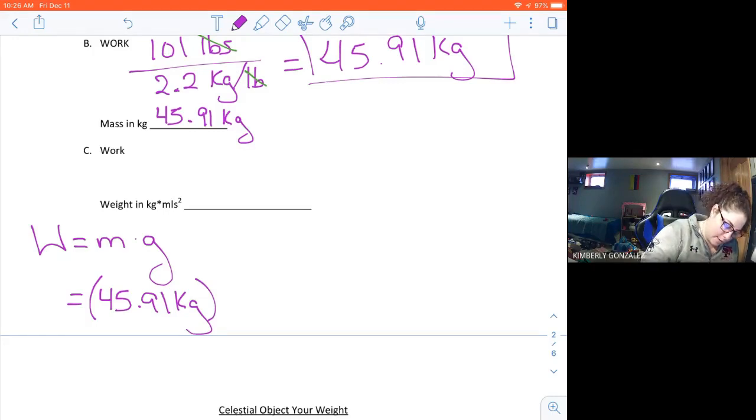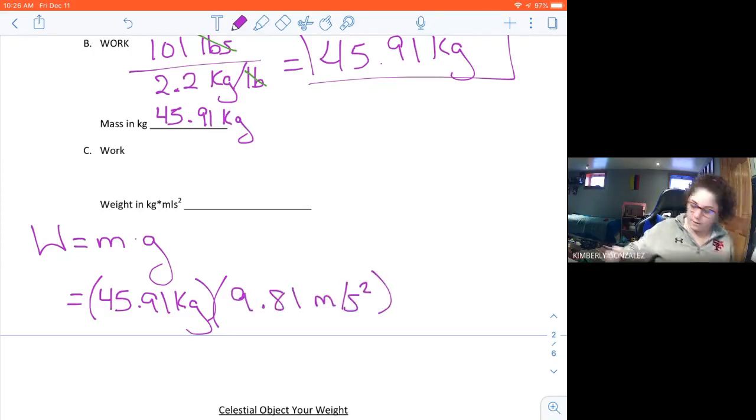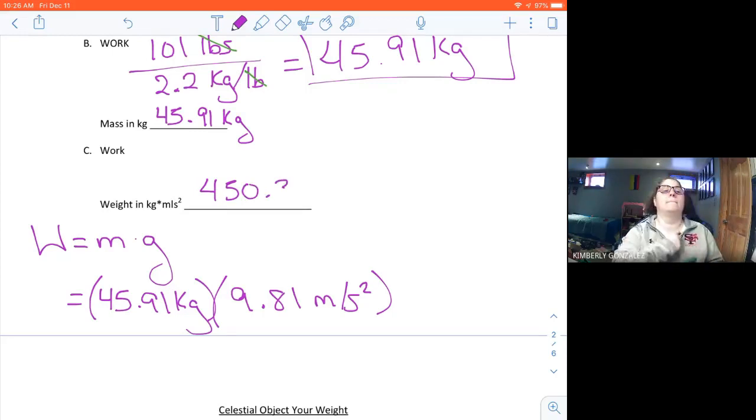Okay, and the gravity on Earth is 9.81 meters per second squared. So my answer is going to be 450.37. That's my personal weight in kilograms times meters per second squared.